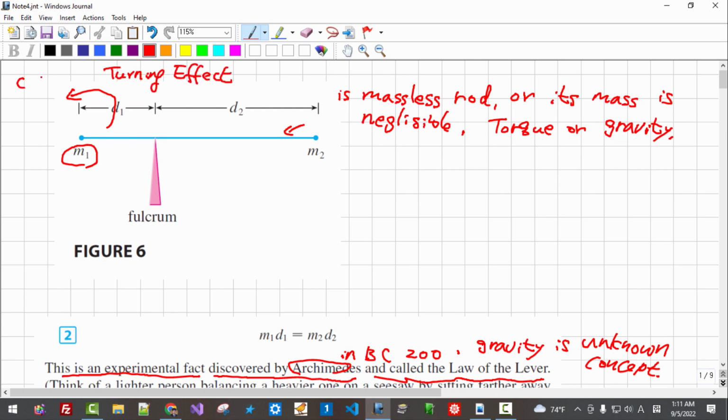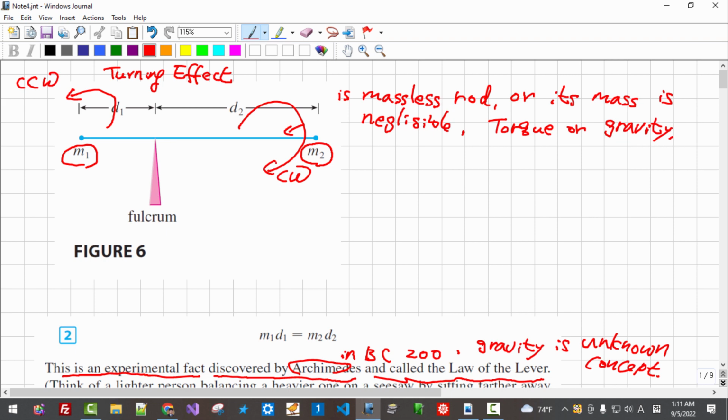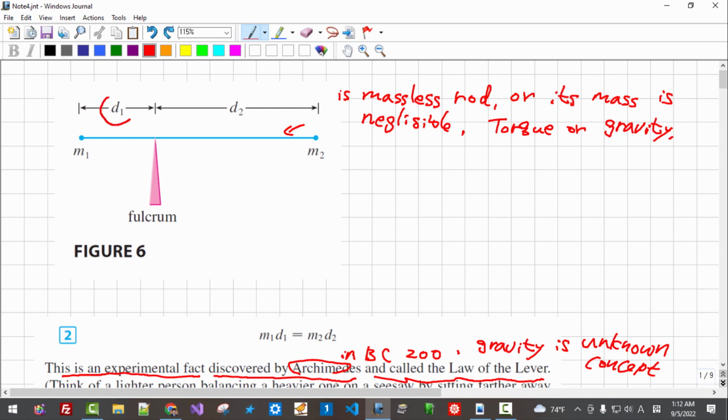This is counterclockwise. Counterclockwise turning effect. This body M2 will create a turning effect clockwise.